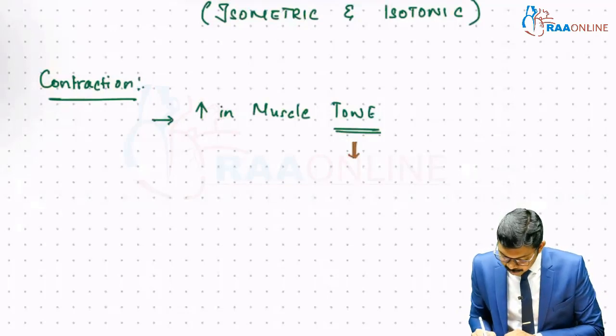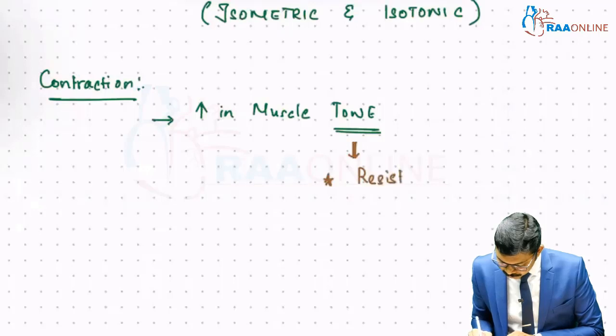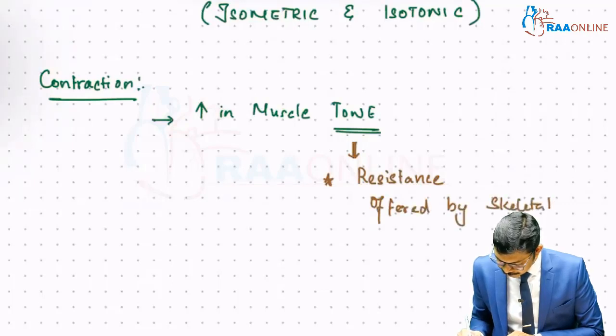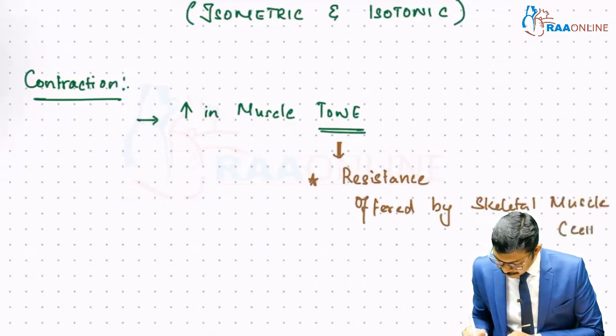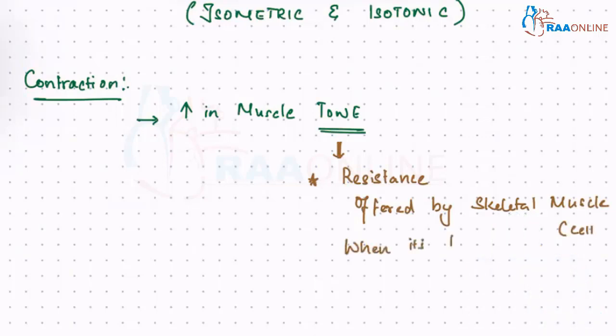At the outset, the tone is nothing but resistance offered by a skeletal muscle. It can be a skeletal muscle or a skeletal muscle cell when it's been passively stretched.